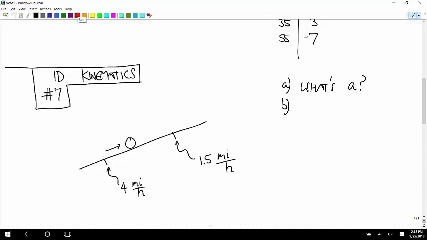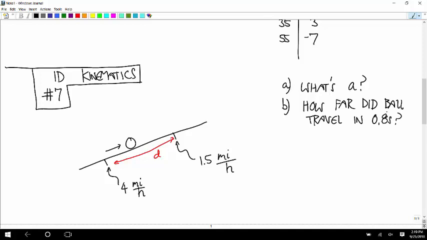What's the distance between these two? So how far did the object roll? And then convert your answer from part B to kilometers.